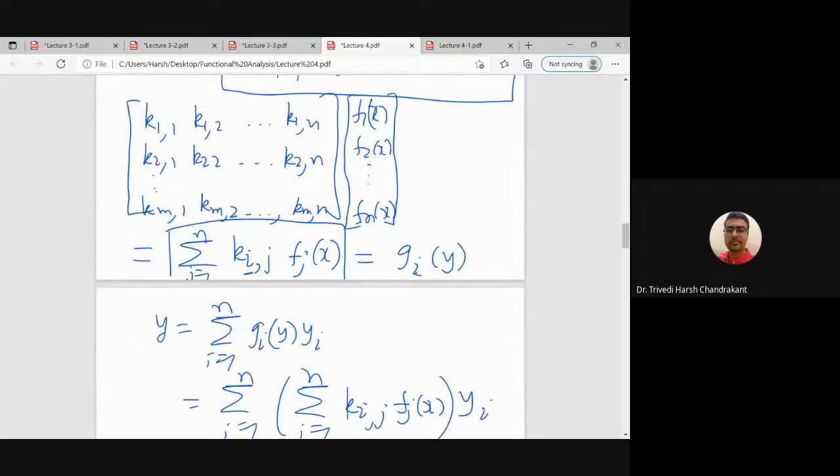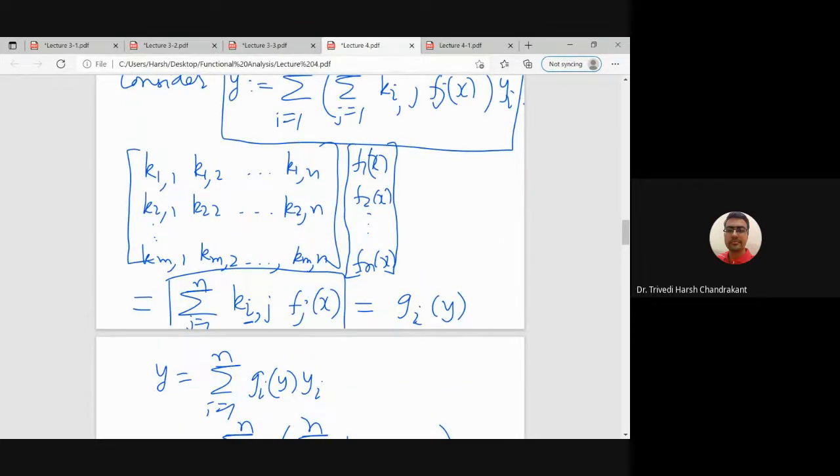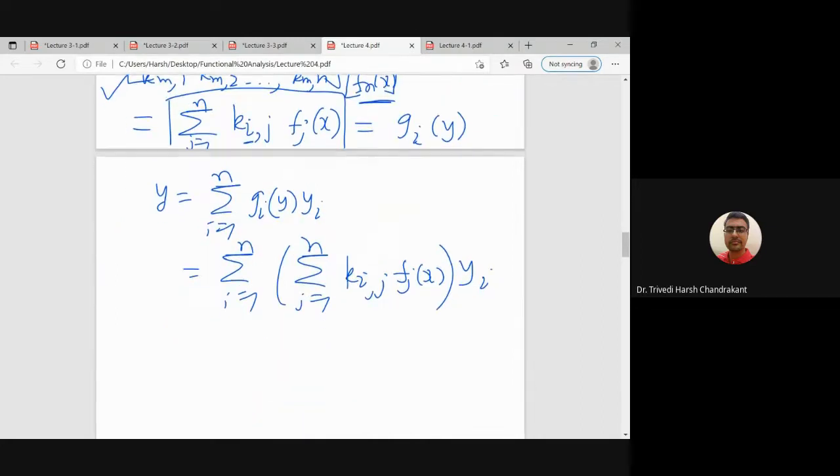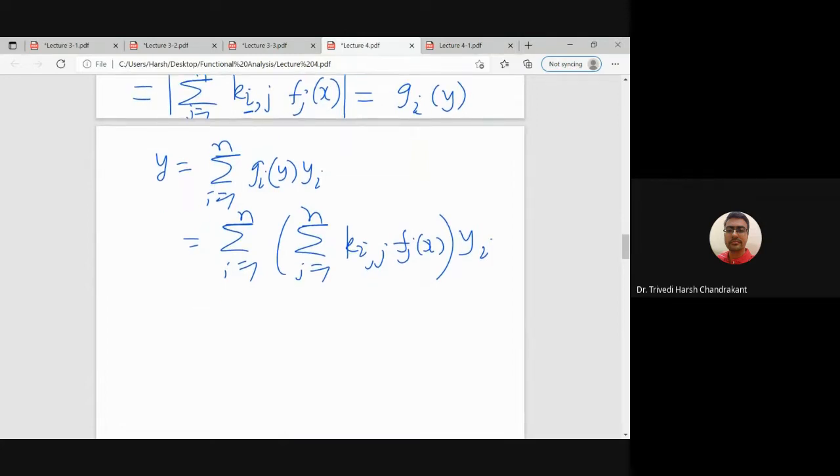Right. So corresponding to x, we have the coordinates of x, and for a given matrix, we can find coordinates of y. So that means from x, we are finding y using this matrix.